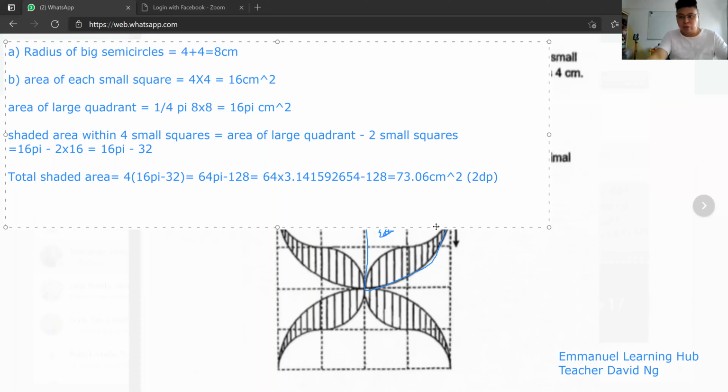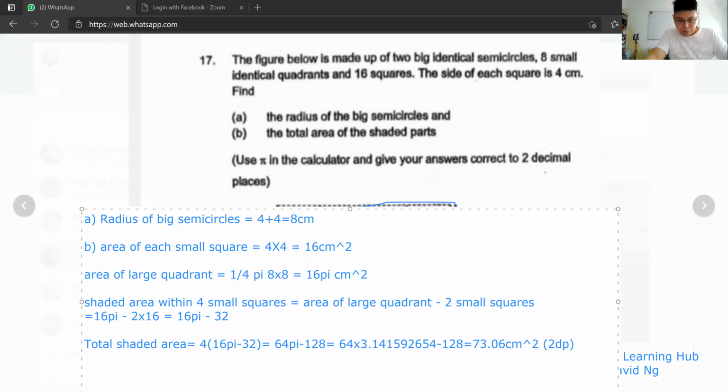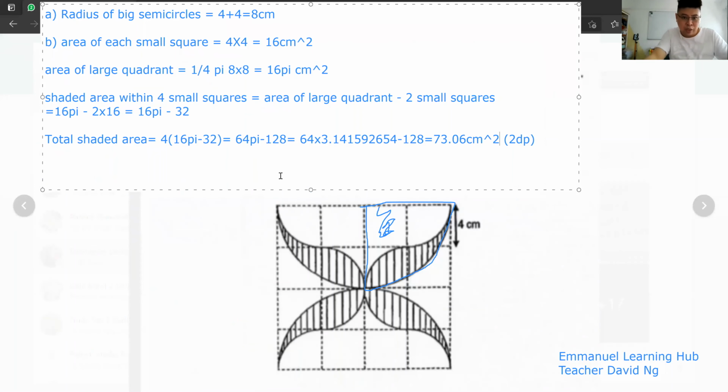Any questions regarding this question? You understand now? The main gist is, you need to understand why it's the large quadrant minus 2 small squares.